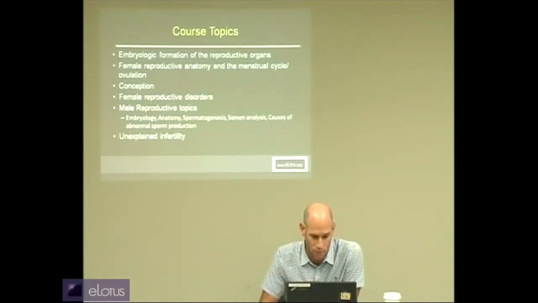We'll then talk about some male reproductive topics, including the embryology of the male reproductive system, anatomy, sperm production, semen analysis, the interpretation of semen analysis, and causes of abnormal sperm production. We can also talk about unexplained infertility. And if we have a little more time, there's a couple more bonus topics we can talk about after that.